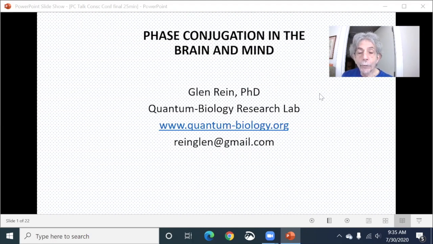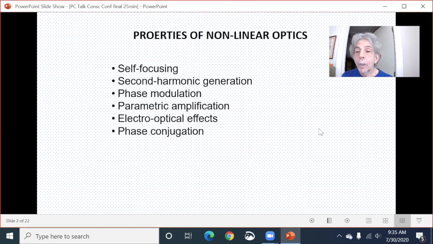So, first thing we need to talk about is nonlinear optics, because there are some really unusual phenomena going on in biological systems, one of which is nonlinear optics, which is described adequately in the physics literature, but these are the various properties. This phenomenon is self-focusing.